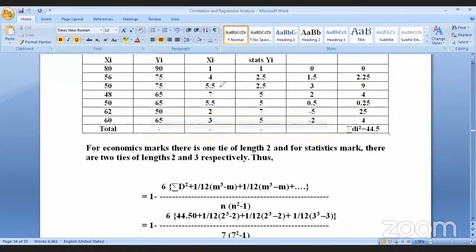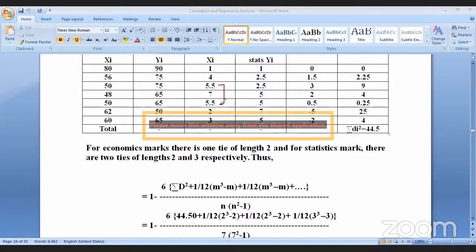In x, observe carefully: this 5.5 and 5.5 is repeated twice, so just remember this is 2. The next one, 2.5 and 2.5, this is 2. The next 5 and 5, again 5 here, this 5 is repeated 3 times.